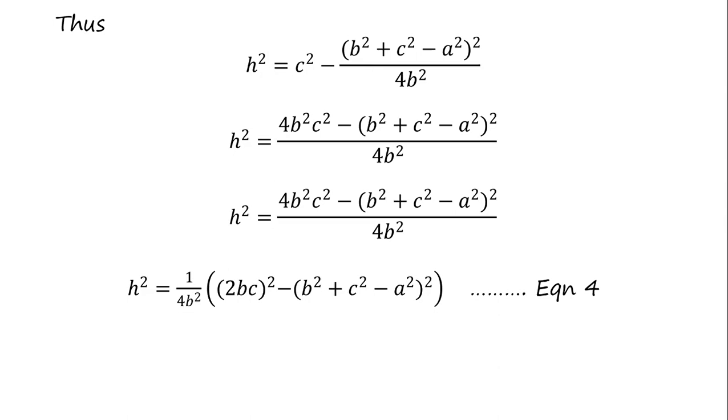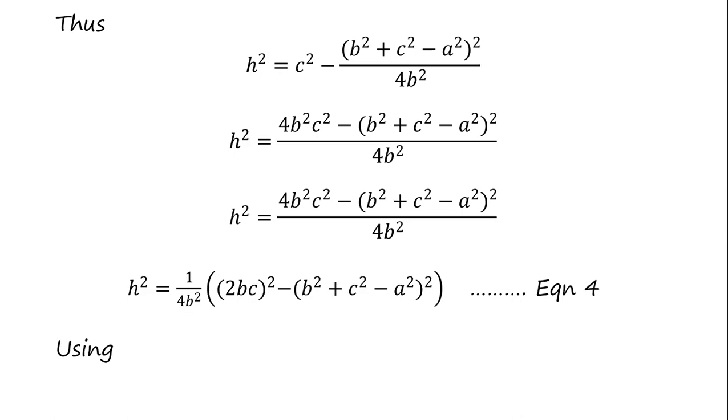As you can see here, we have an expression, 2bc all squared, and also we have b squared plus c squared minus a squared all squared. So there is a relationship which we can exploit from the difference of two squares. If we have two squares, we can surely establish a much less complex relationship between these variables.